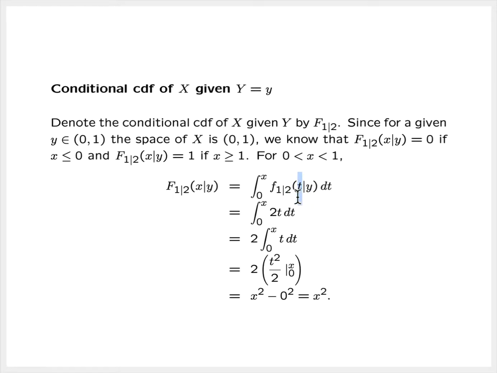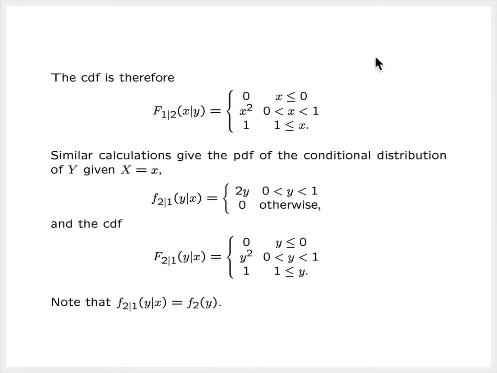Because I have x up here as the upper limit of integration, I can't use x as the variable of integration, so I'll just use t. Okay, and so the conditional PDF over that interval evaluates to 2 times t, and when we solve this integral, we get x squared. And so putting these three results together, we get this piecewise defined function, which is the conditional CDF of x given y.